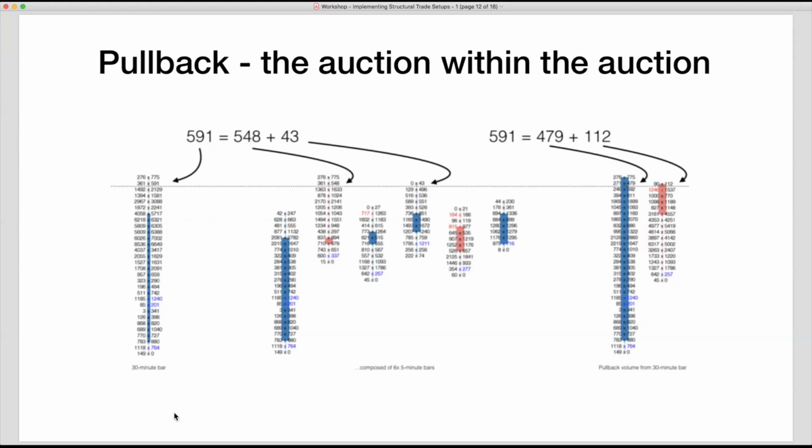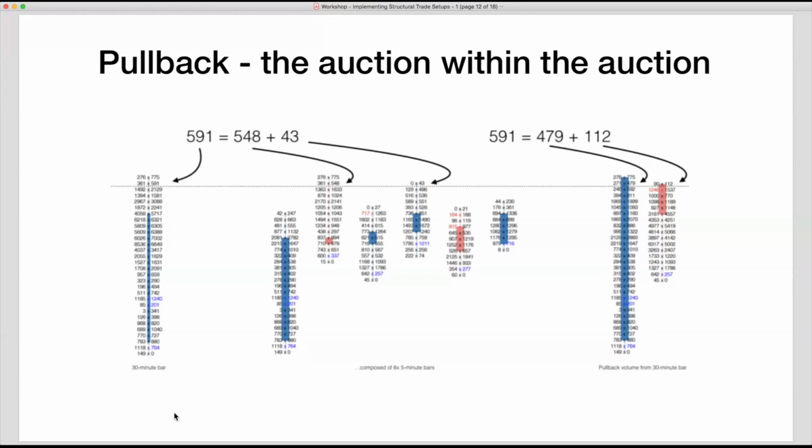Now, if we look at the price level that is the top but one price level within the 30-minute bar, we see 361 by 591. So 591 contracts lifted the offer, 361 contracts hit the bid at whatever that price was.